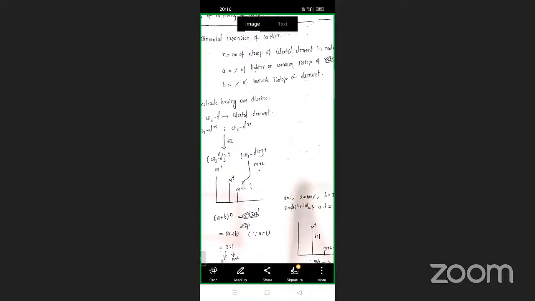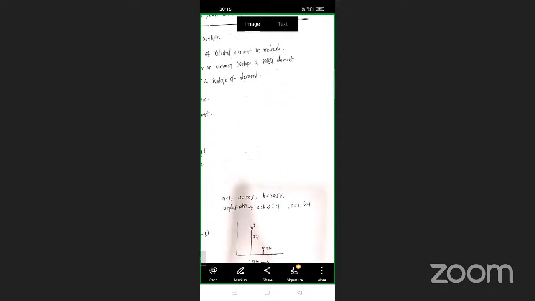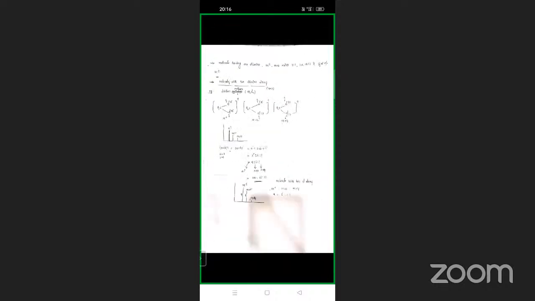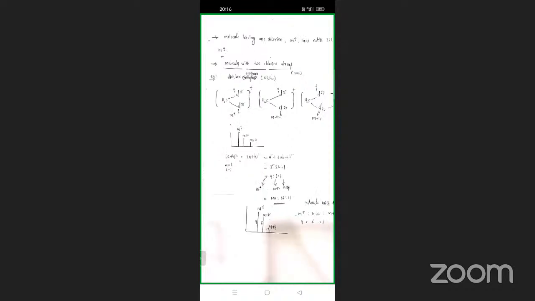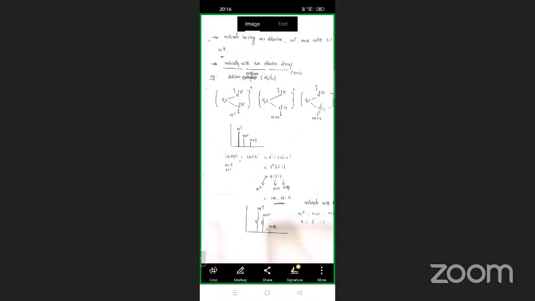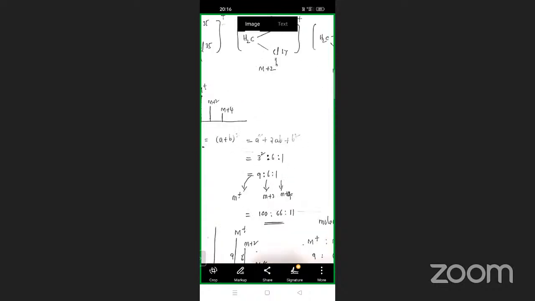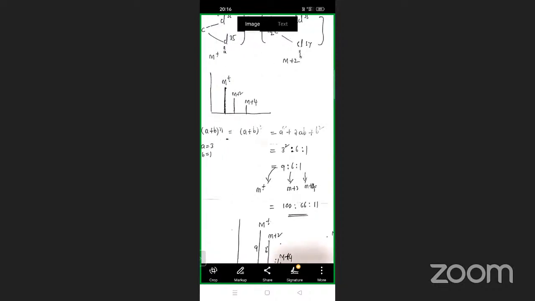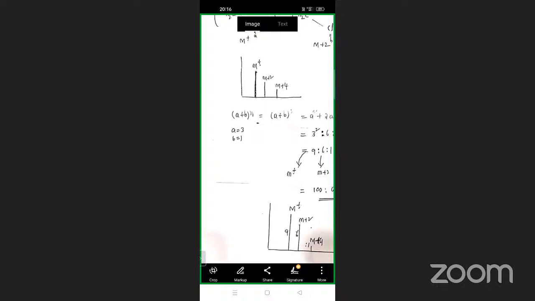So it is 3:1, and with bromines, sorry, with two chlorine atoms here, in that case n equals 2, because there are 2 chlorine atoms. Then you can substitute in this one: A square plus 2AB plus B square, right? Then A equals 3 and B equals 1.